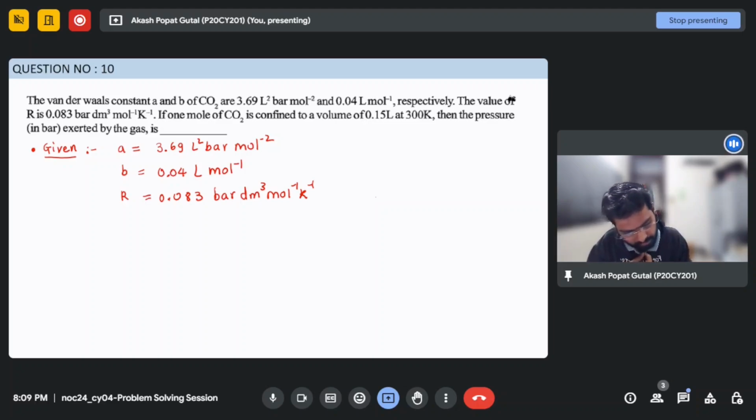So take care of the units, and this is a numerical type question because you need to be careful about the sign and the value.